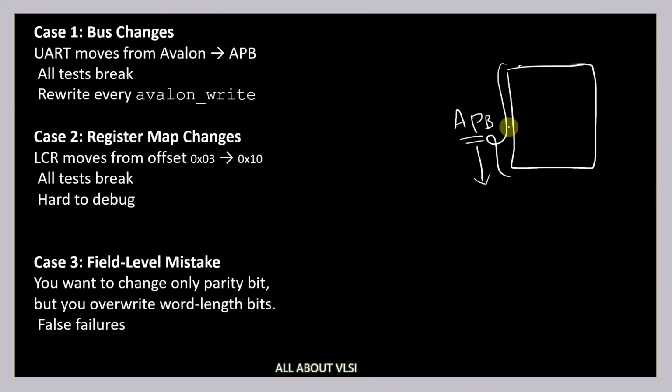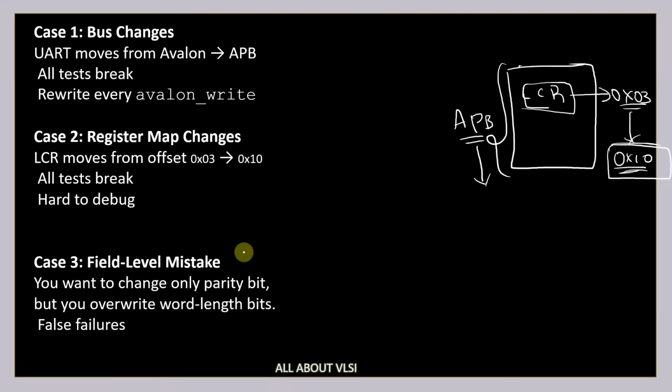And let's say this IP has an LCR register with an offset of, say, 3, and we change it to another offset address, 10. Then all the test cases which we have written will be wasted, and we need to write other test cases where we change the offset address.